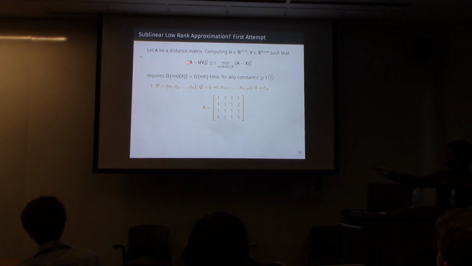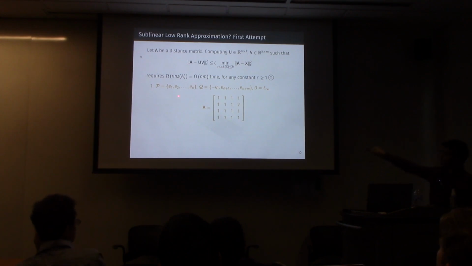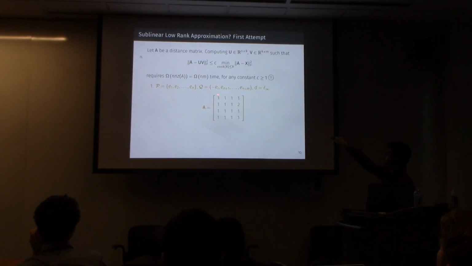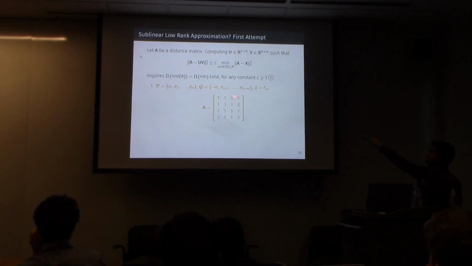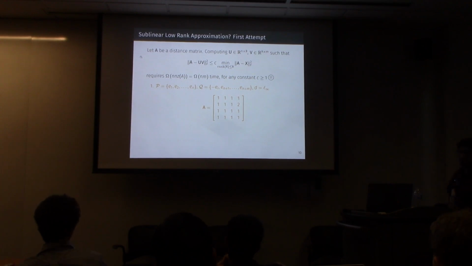Now you condition on A being a distance matrix, and still getting any C approximation to the low rank opt requires reading all the entries of the matrix. And why is that? Here's the construction. You pick the point set P to be just the standard basis vectors from 1 to n. You pick Q to be minus e_i, where e_i is one of the points in P at random, and the rest are standard basis vectors, m minus one of them.